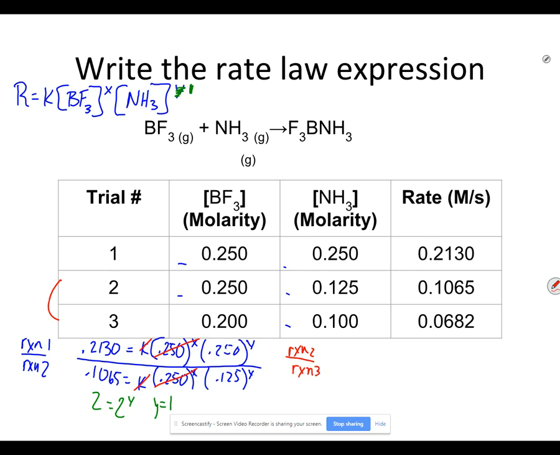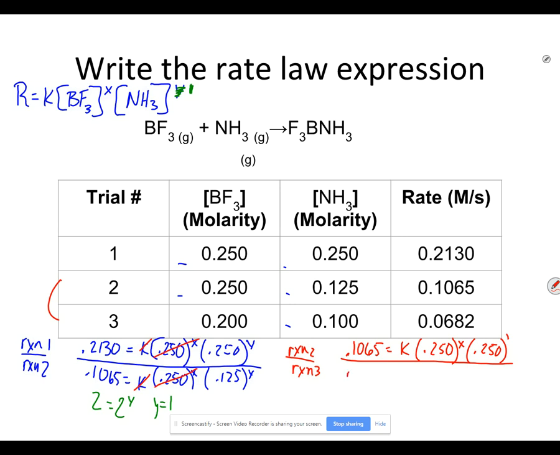And so plugging it into that basic rate law expression, I get 0.1065 equals K times 0.250 to the X times 0.250, and not to the Y. We know it's to the first power. So that's no longer a variable, and that's going to be really important as we solve this.